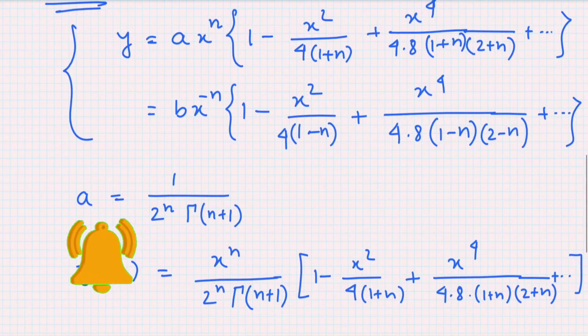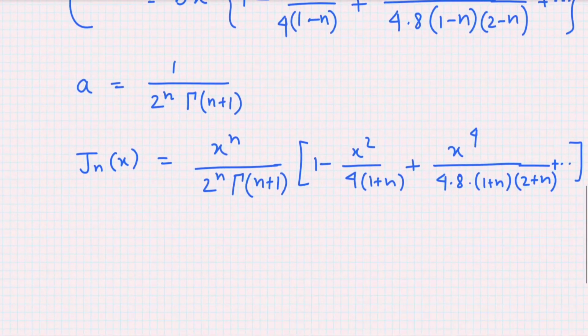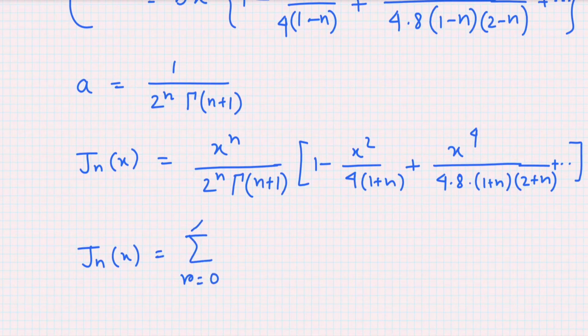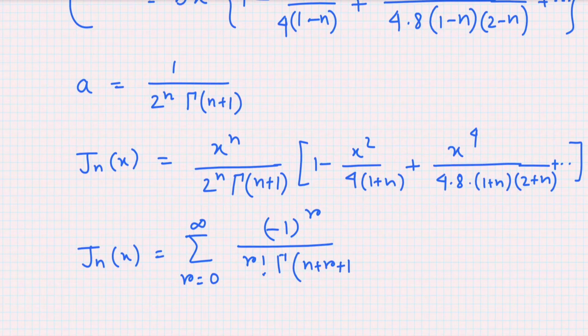In summation format, Jn(x) is equal to summation r equal to 0 to infinity, (minus 1) to the power r by r factorial gamma (n plus r plus 1), into (x by 2) power (n plus 2r).